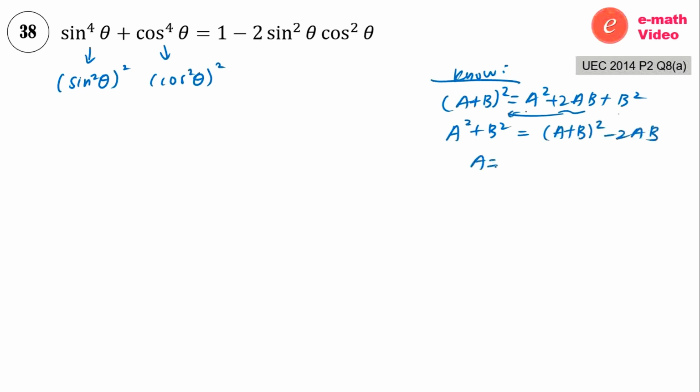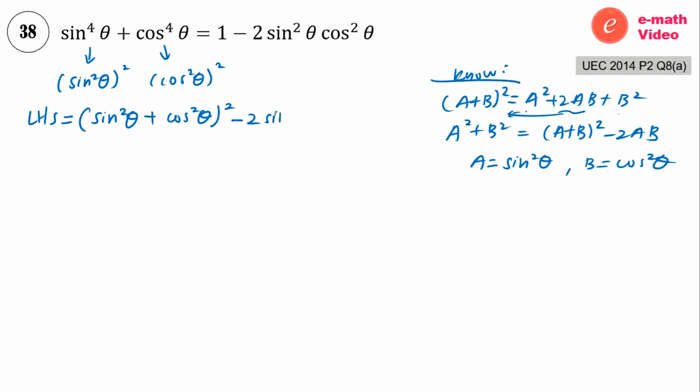In this case, our a is sin square theta, while our b is cos square theta. The left hand side is just sin square theta plus cos square theta squared minus 2 sin square theta cos square theta. Basic identity. 1 squared is still 1, minus 2 sin square theta cos square theta.